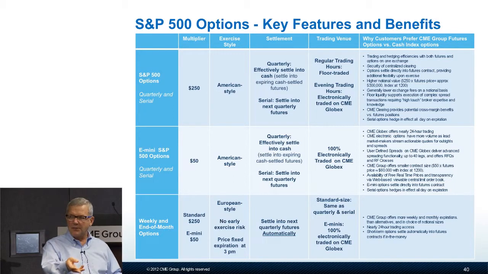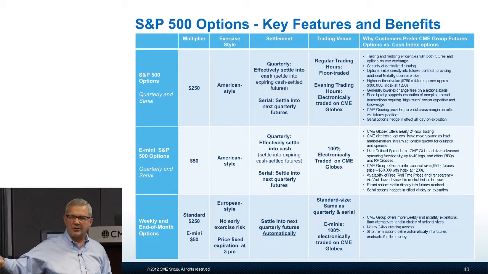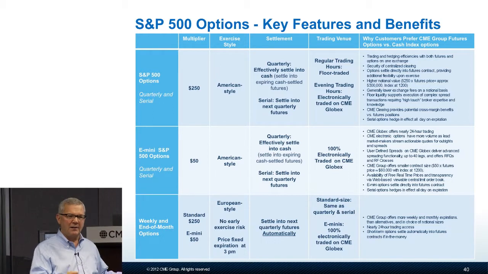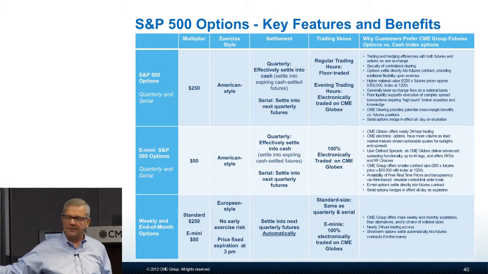The other 8 monthlies are serials, like this Friday is the October serial. That will settle at 315 into the December futures contract, because we don't have an October futures contract. And the month ends and the weeklies also settle into the next open futures contract.